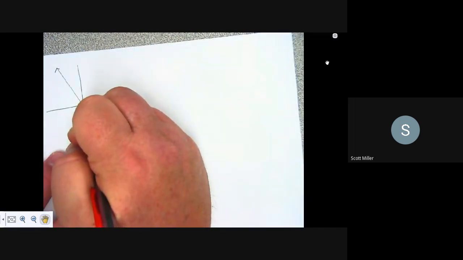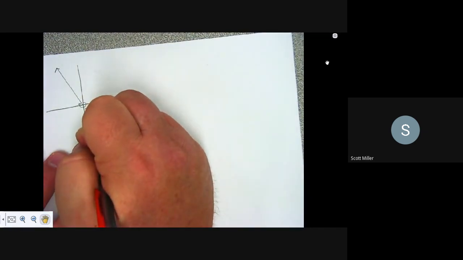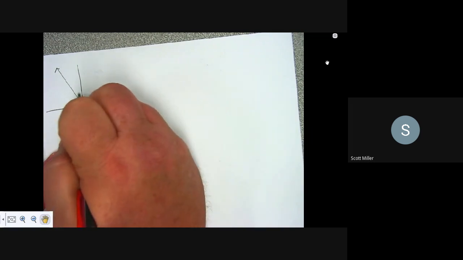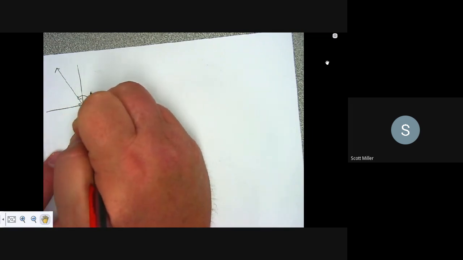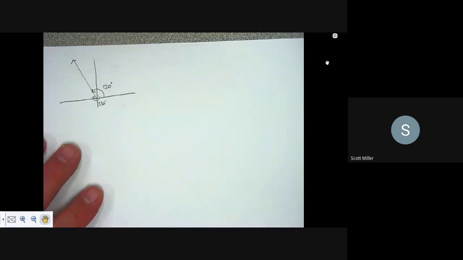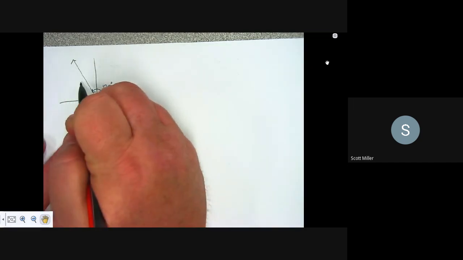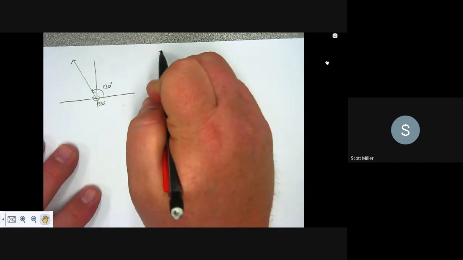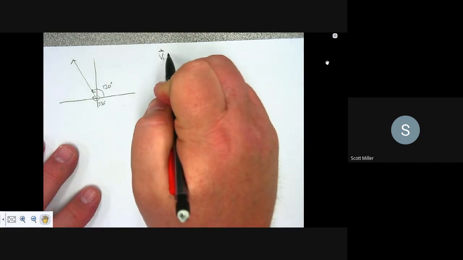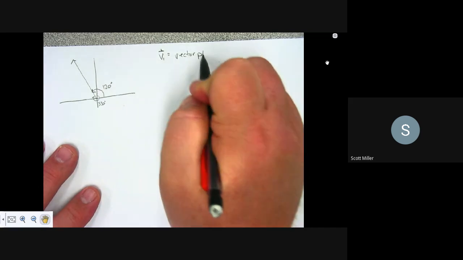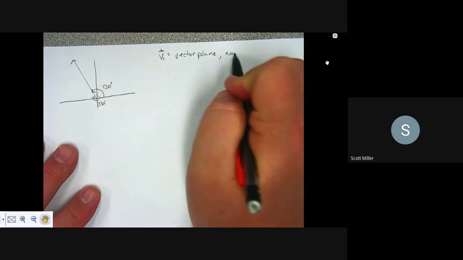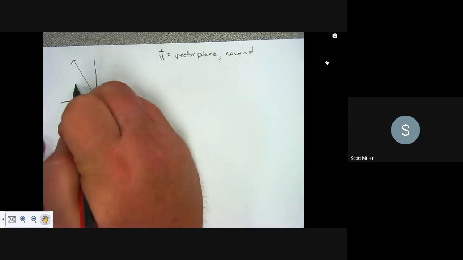This is 330, which means this is 30, which means this angle right here, its direction angle, is 120 degrees. And I'm going to call V1 the vector of the plane with no wind. So this is V1.